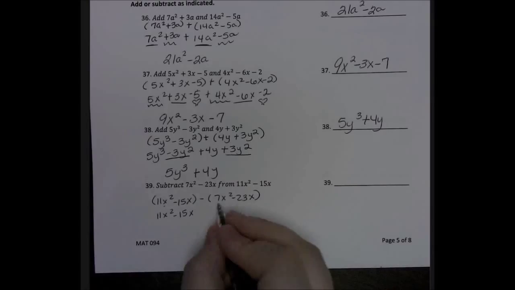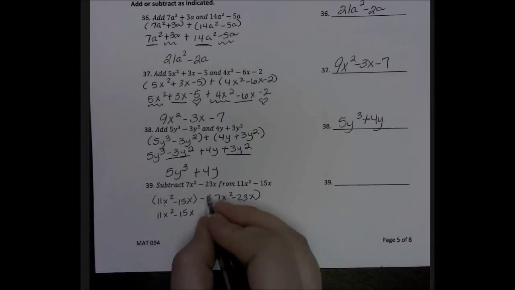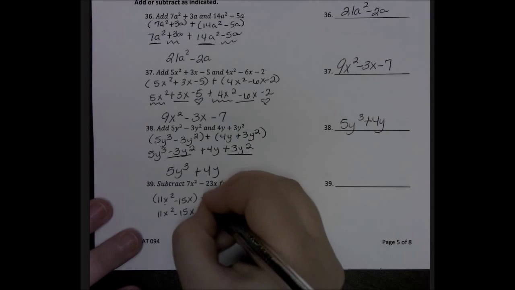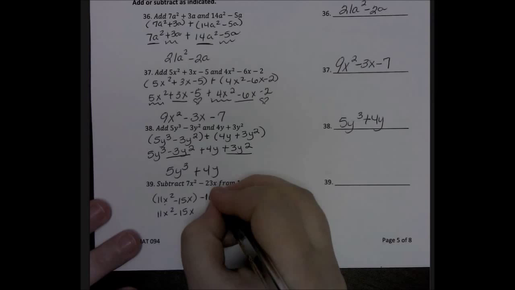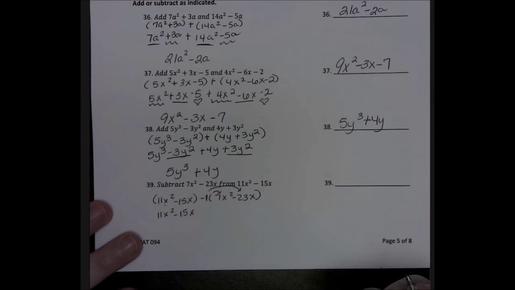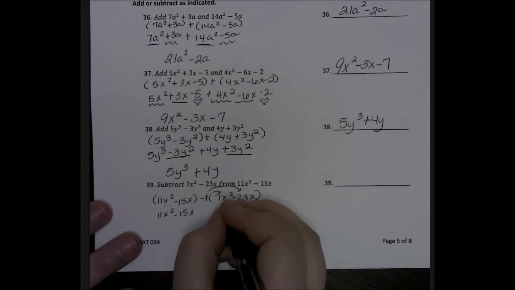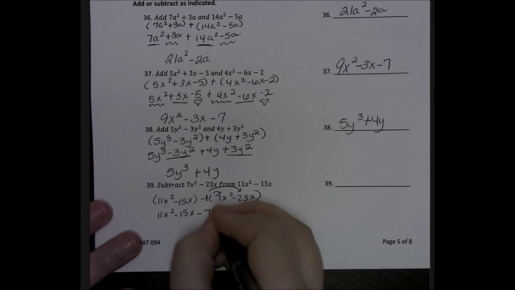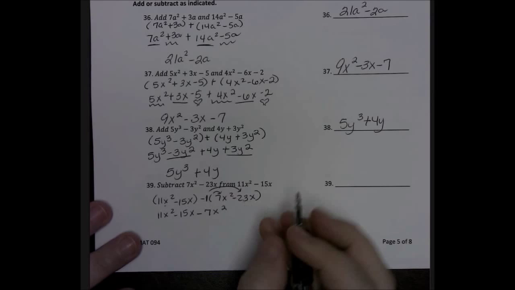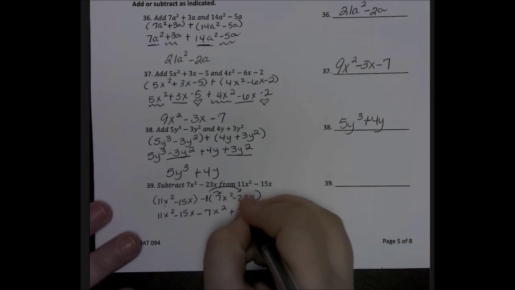Now I can't combine these two terms on the inside, but there is a negative 1 multiplying out in front. So I'm going to distribute that into that set of parentheses. So negative 1 times 7x squared is negative 7x squared. Negative 1 times negative 23x is positive 23x.